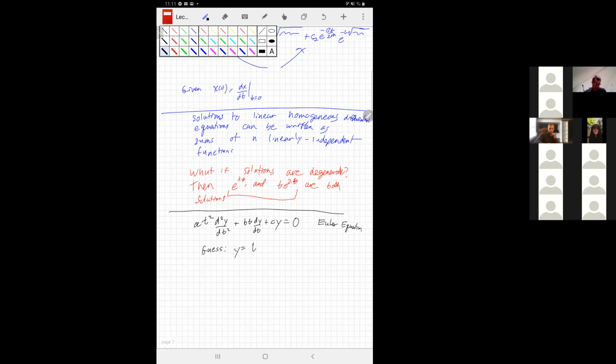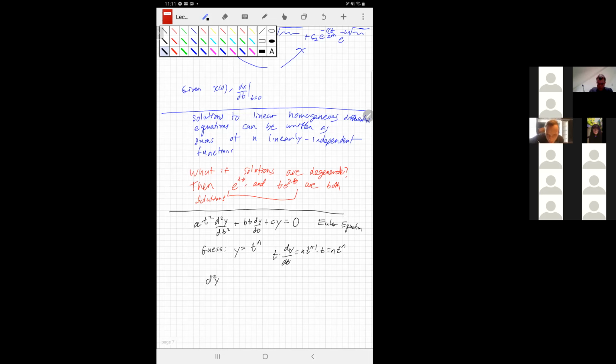We will guess that y equals t to the n. Now here's why we would guess that. If I take a derivative of a power, what do I get? If I take a derivative of t to the n, I get n times t to the n minus 1. If I multiply by t, I get back n t to the n.